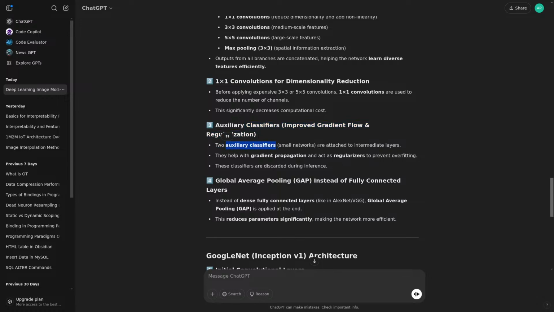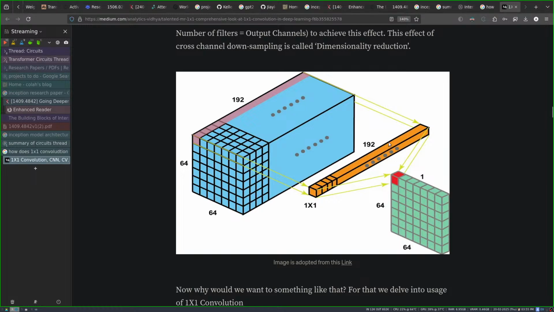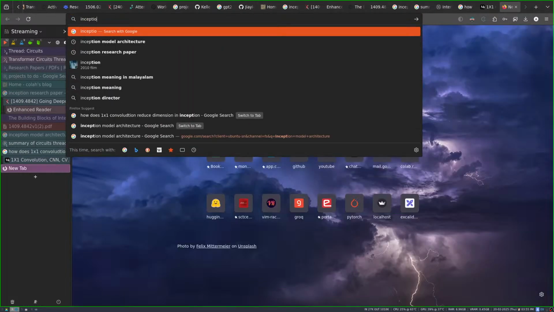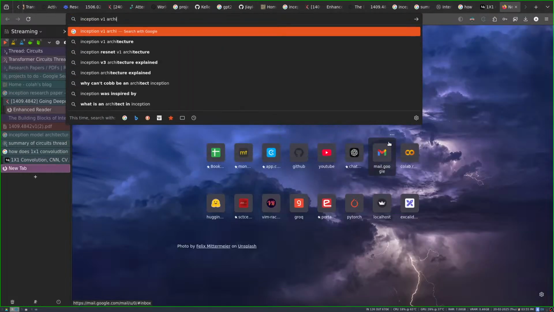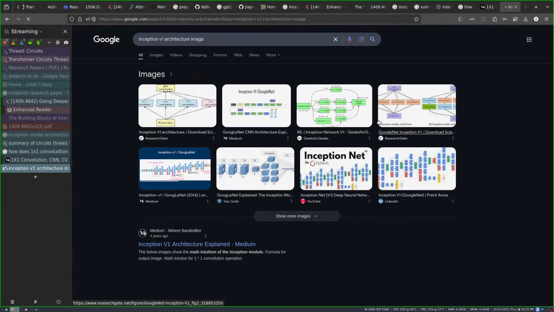Auxiliary classifiers are small networks attached to intermediate layers. Inception V1 architecture image.